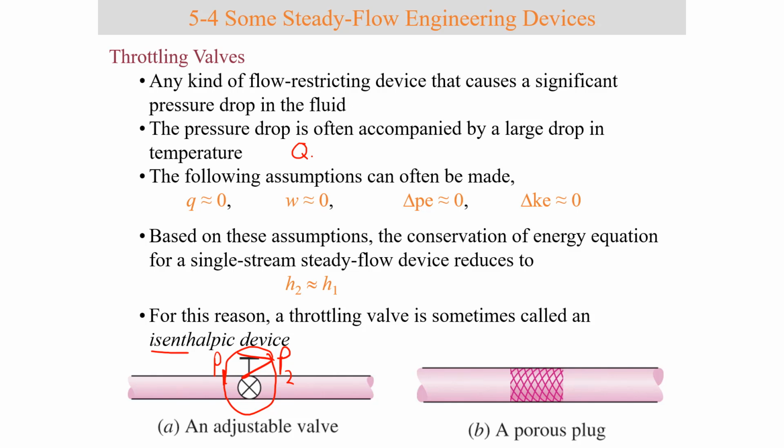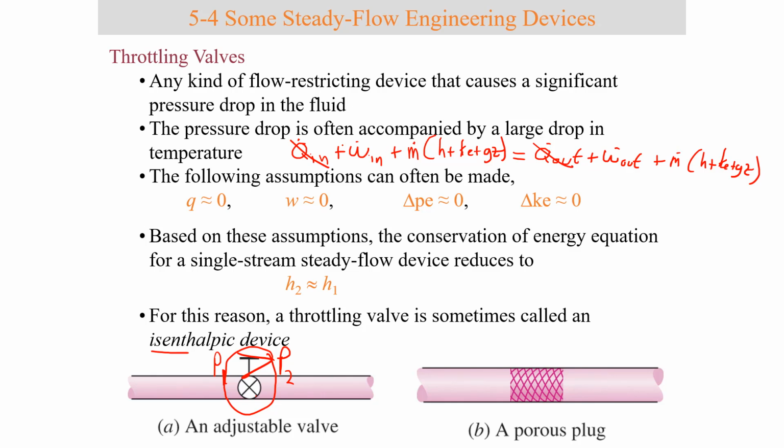Well, I'm going to go back and rewrite my first law analysis for a single stream steady flow device. So heat in plus work in plus mass energy in equals heat out plus work out plus mass energy out. I can assume that if the area of the valve is small enough, there's no heat flow.